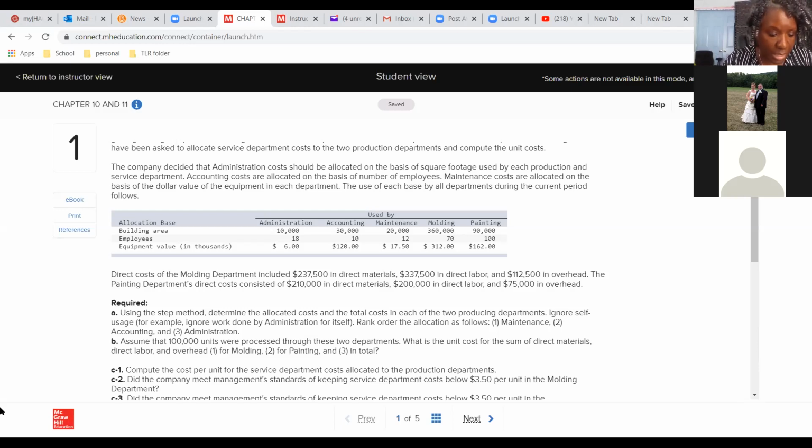If we're allocating the cost for maintenance based on the cost of equipment, the equipment value for the accounting department is $120, assuming $120 per person. So 10 people times $120 gives 1,200. I divide that in, and I'm thinking that's about 10%. That's what it looks like to me.